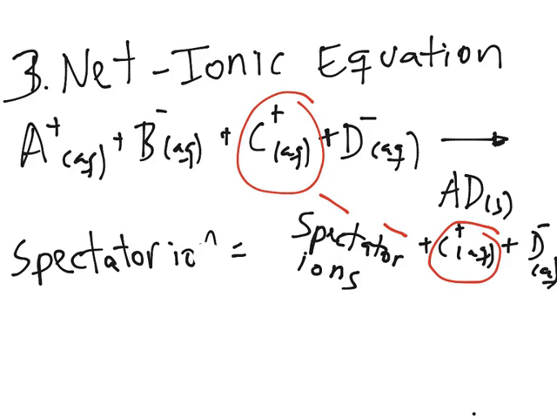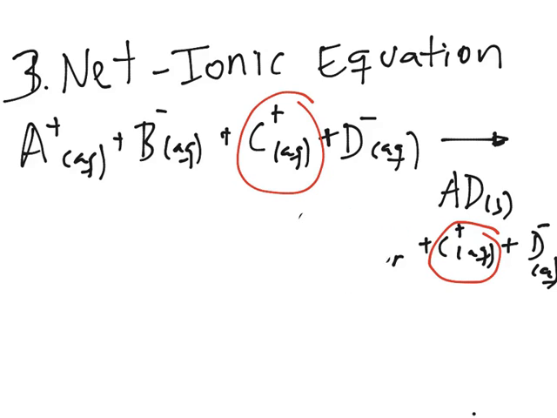The things that will cancel out in your net ionic equations are called the spectator ions. Now let's get back to getting the net ionic equation. As you may see, the C's will go with the C's.